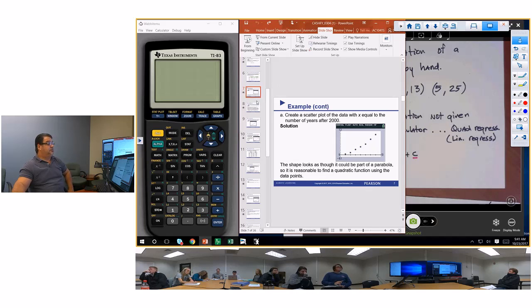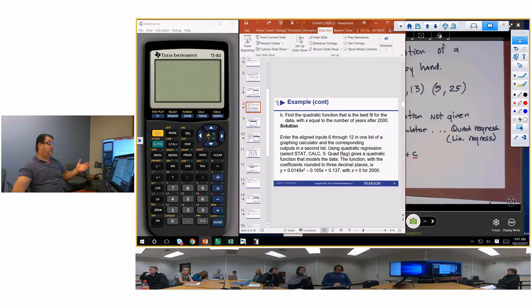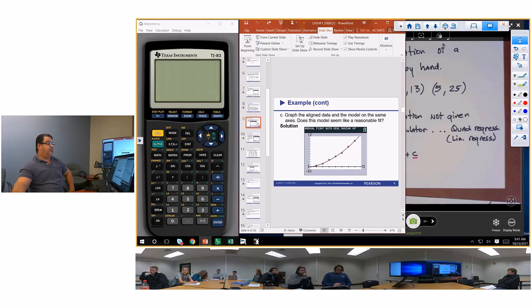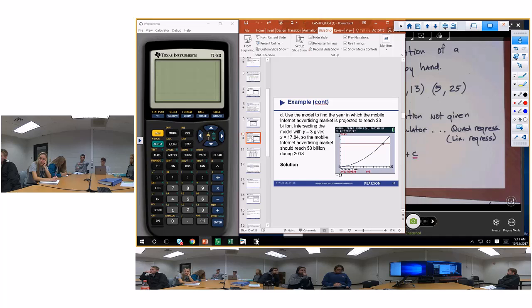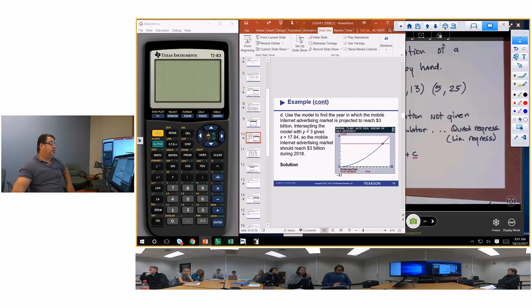Okay? Now, of course, there's the graph, and it tells you that you need to change since 2000, and it draws some kind of a regression line curve in there. And then they ask you to reach 3 billion, or 3 billion intersecting y is equal to 3. Now, the way that you do that is you would just go in your calculator and type in y is equal to 3 after you do a stat plot and see where it crosses.